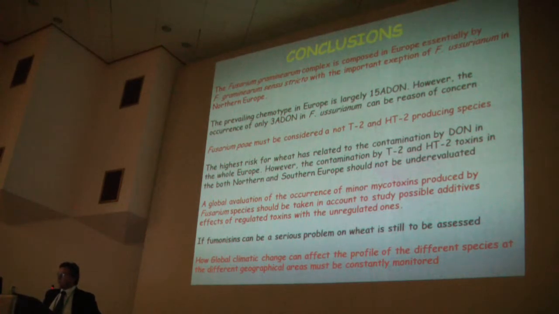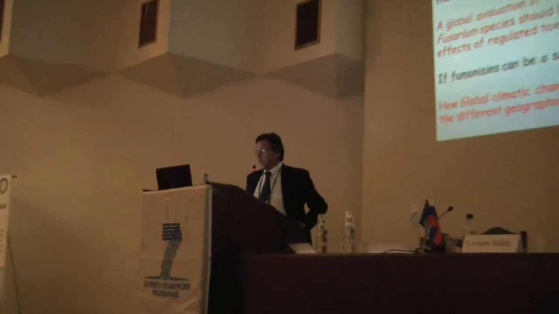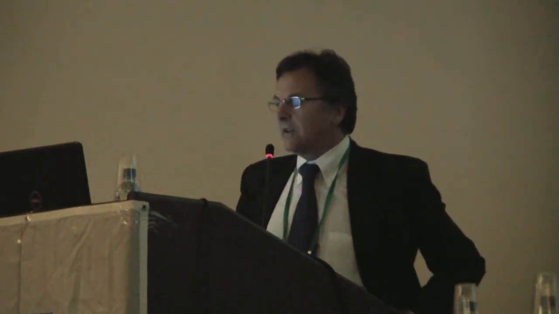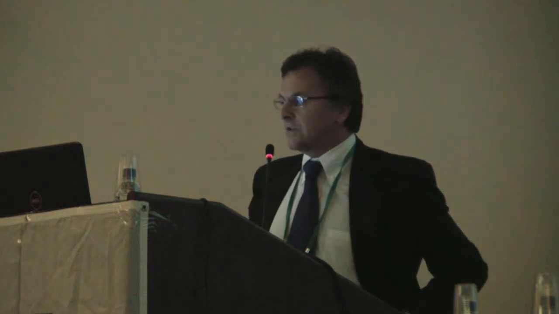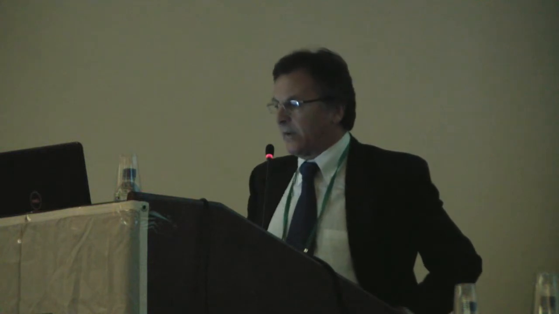Fusarium poae must be considered not a T2 and HT2 prolific species. The highest risk for wheat is related to contamination by deoxynivalenol in the whole of Europe. However, the contamination by T2 and HT2 toxins in both northern and southern Europe should not be neglected.